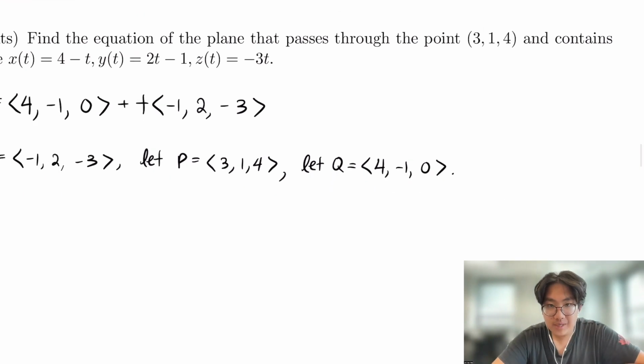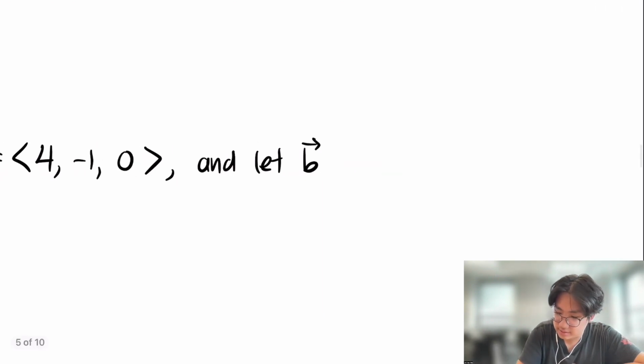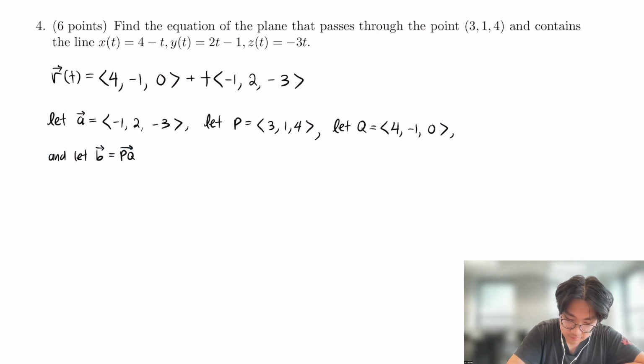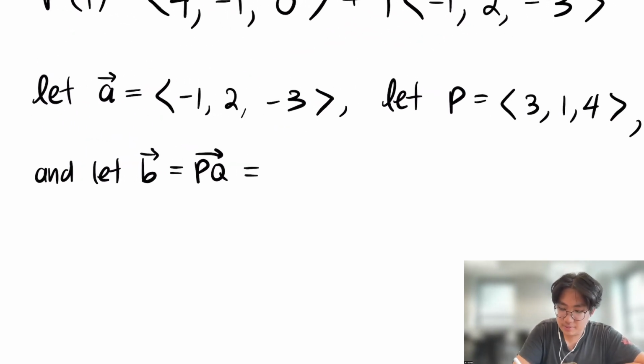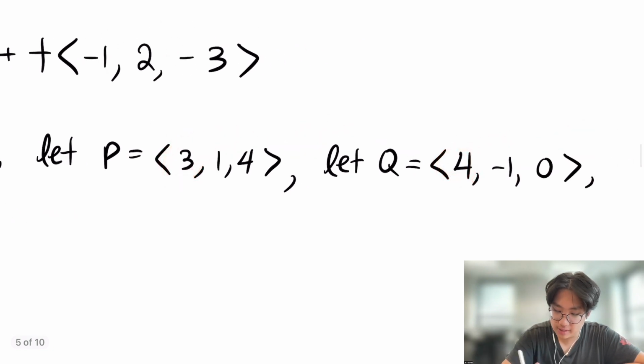From here, we need to find, let B equal PQ, which we can solve by just subtracting the components of P from Q. Meaning you do 4 minus 3, -1 minus 1, 0 minus 4.